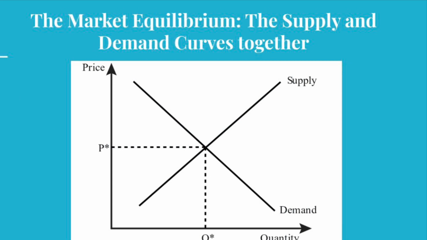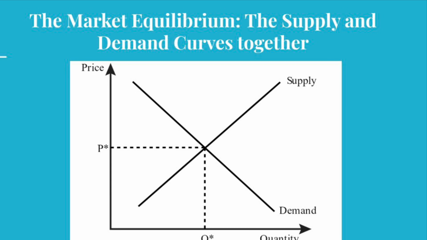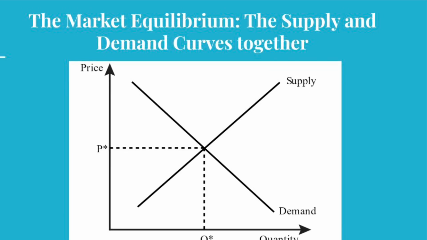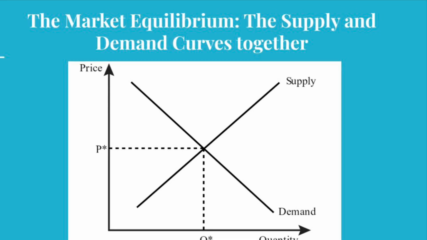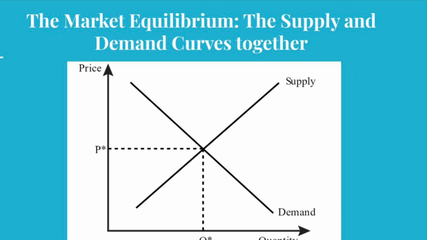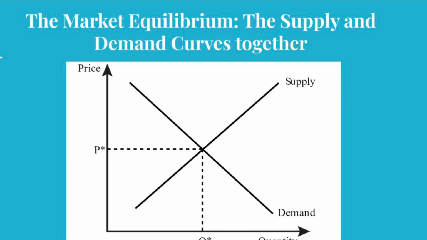When we look at a graph, this is where they meet. The graph consists of the supply and demand curve, and this is where we can determine the equilibrium price, which is the price at which the quantity demanded equals the quantity supplied. The equilibrium price is denoted as P with a little asterisk.